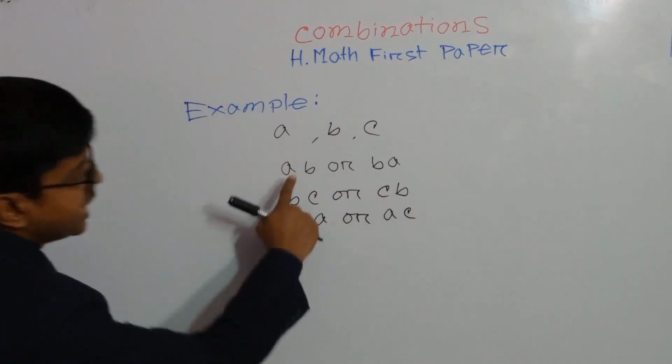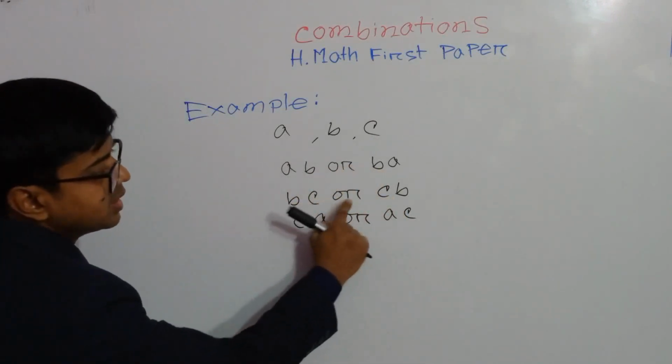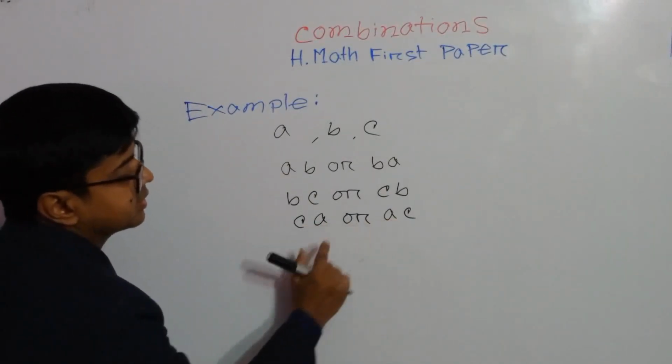Here AB or BA are the same, BC or CB are the same, CA and AC are the same.